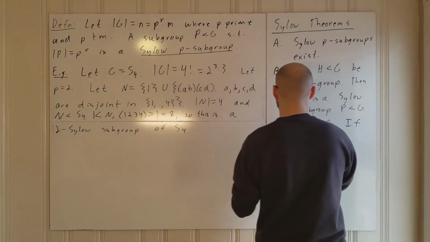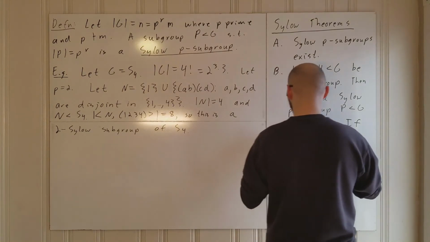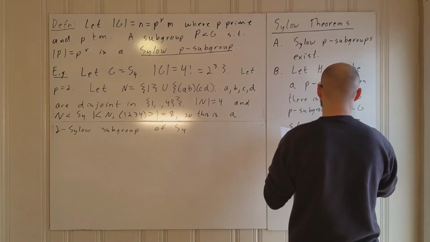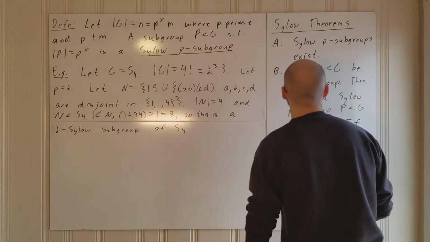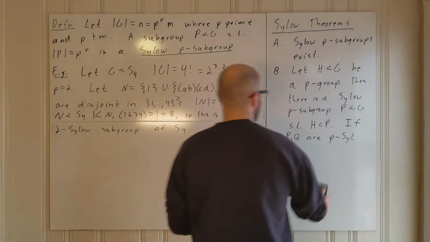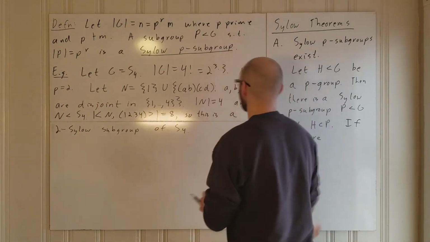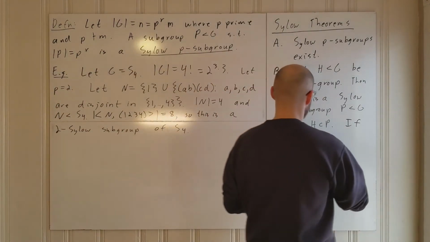Also, if P and Q are p-Sylow subgroups, just for consistency, I think sometimes people say p-Sylow subgroups, sometimes people say Sylow p-subgroups. I'm going to try to be consistent.